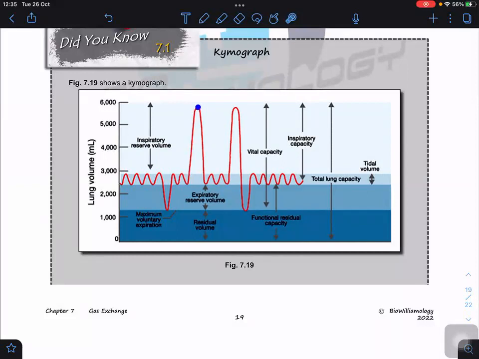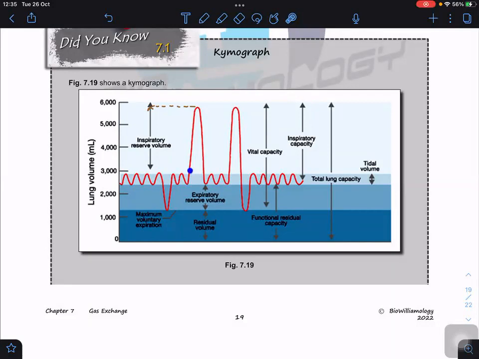Until maximum. This arrow is a bit wrong, it should only go until here. So again, guys, start from here, the peak of the wave and the tidal volume going up.